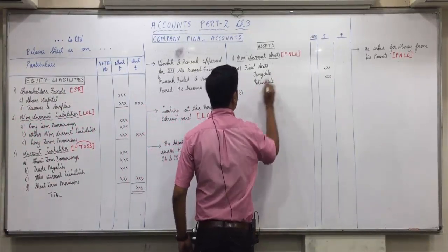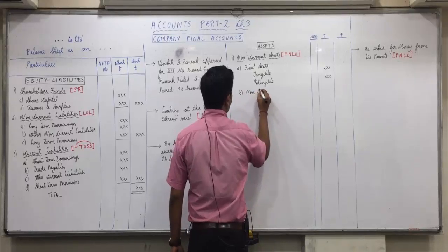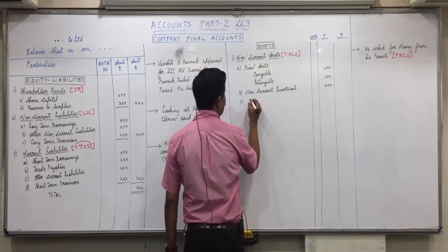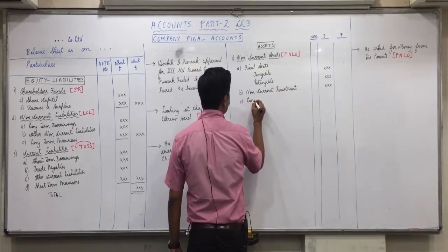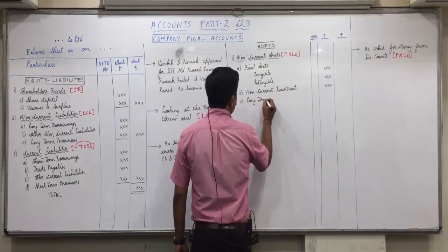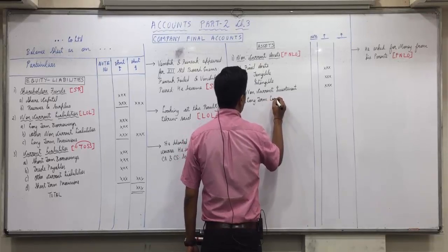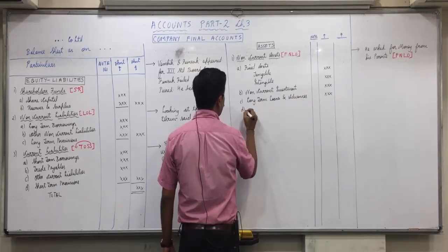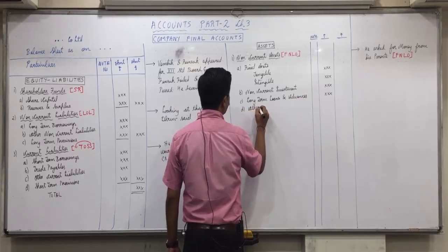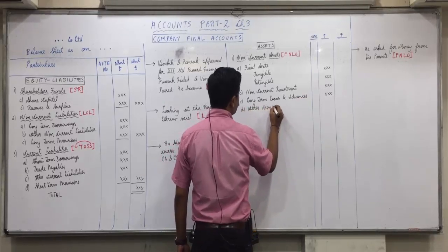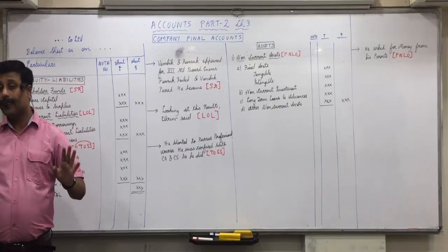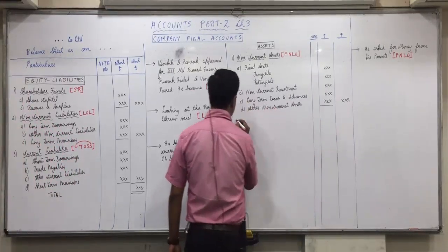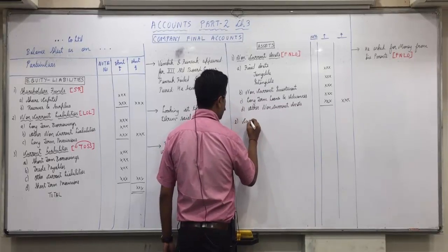Then N stands for non-current investment. Then L stands for long-term loans and advances, and O stands for other non-current. Any confusion so far? All okay with it?